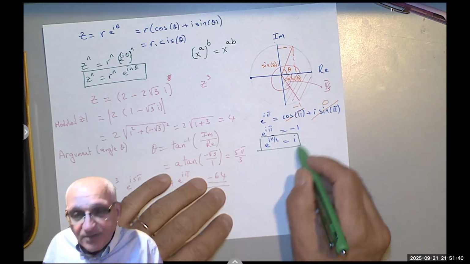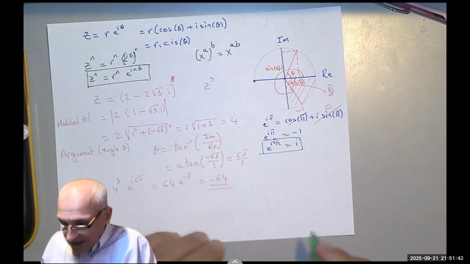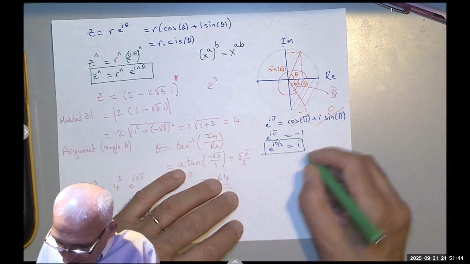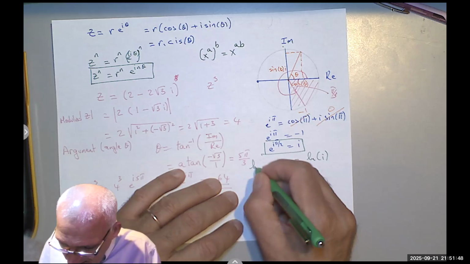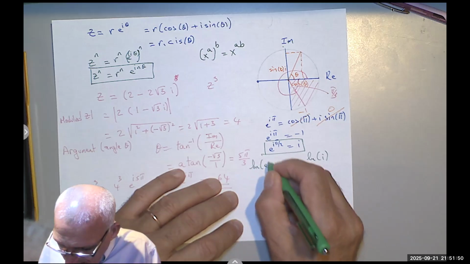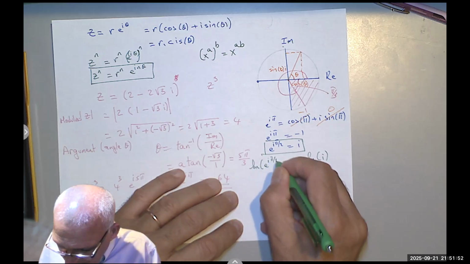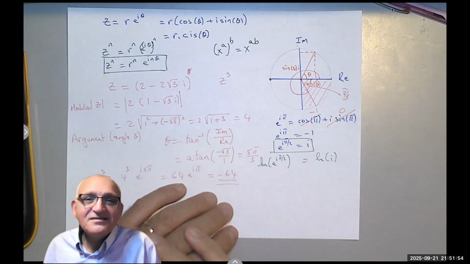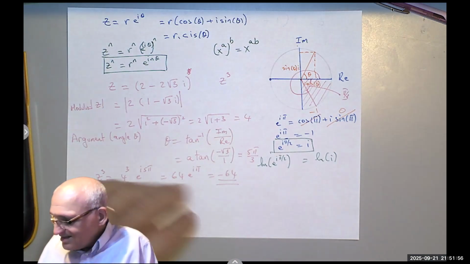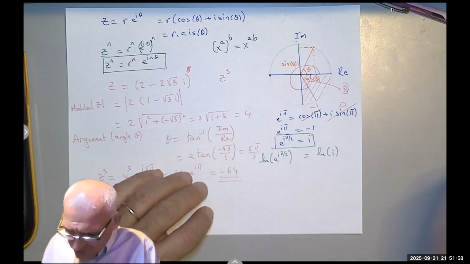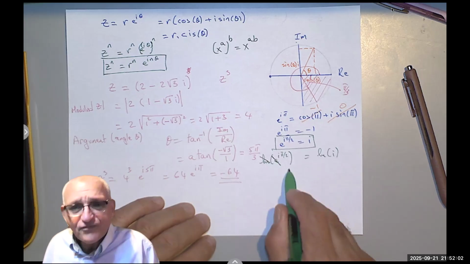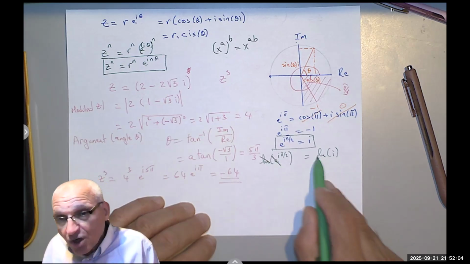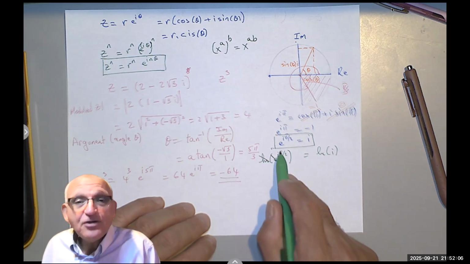This is extremely important because if I take the natural log of both sides, yes, math whiz would say, oh, the natural log and the e are inverse functions, so I get i pi over 2. So the natural log of i is pi over 2i.